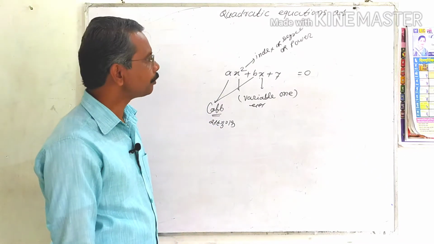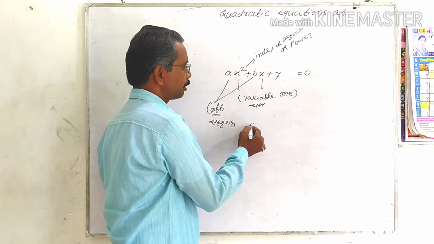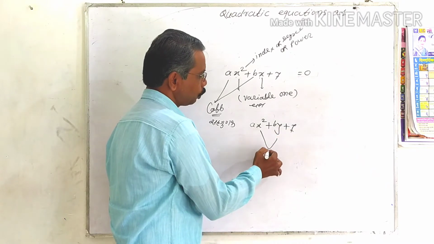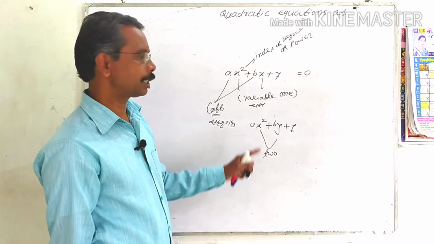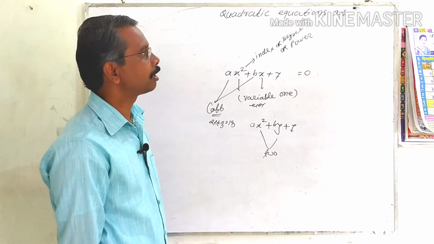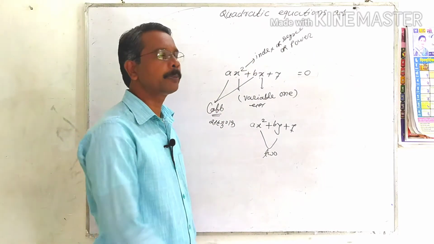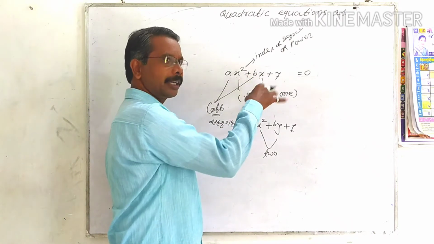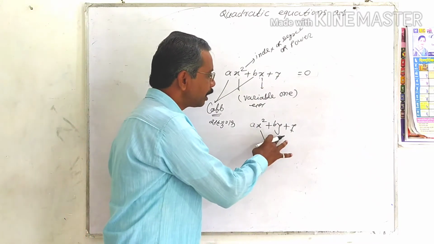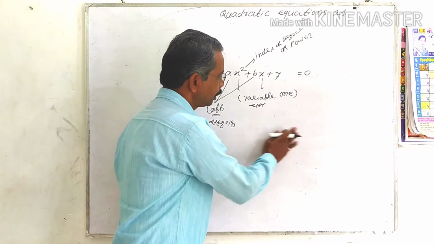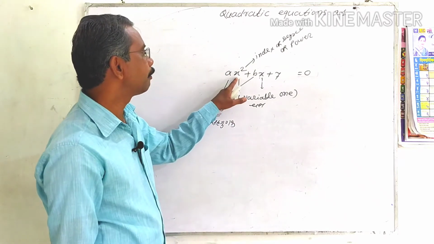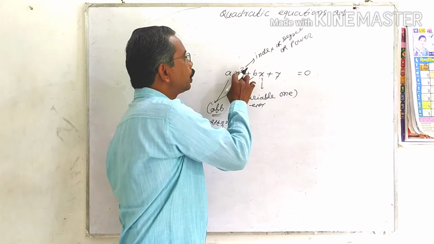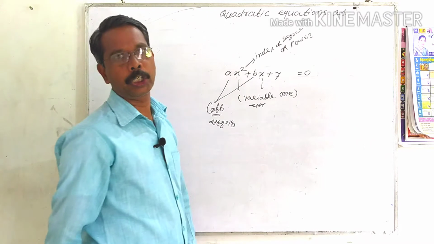Once again, if here are two variables, then it is not quadratic equation. For the quadratic equation there should be only one variable, x or y or anything, but here x and y are different variables. First we need only one variable, and second, the maximum index should be 2, not more than 2.